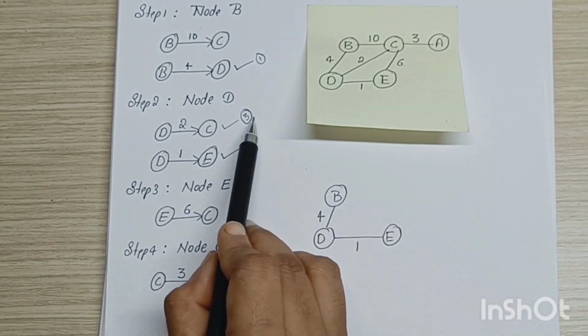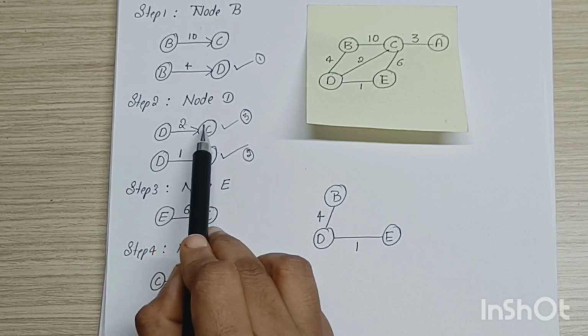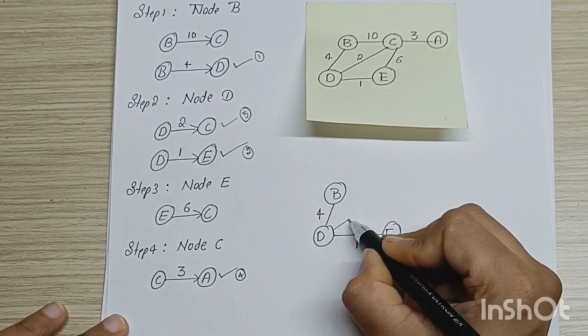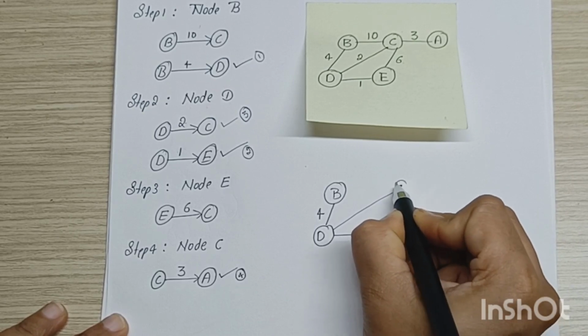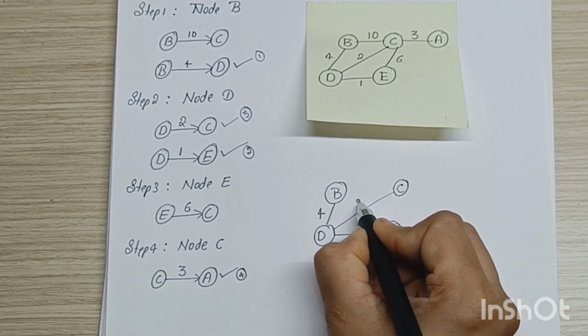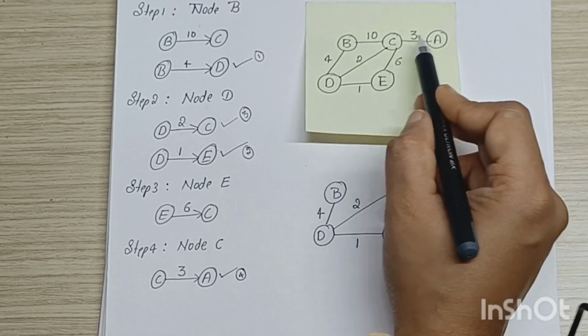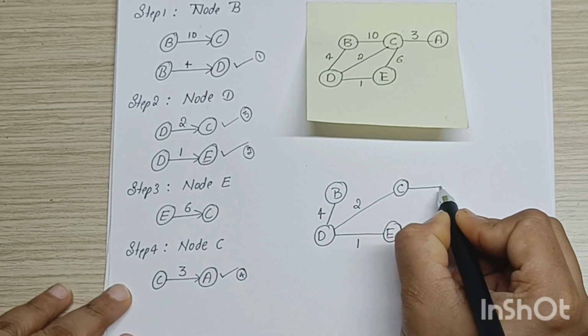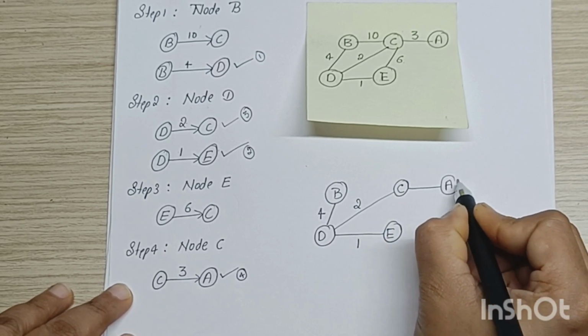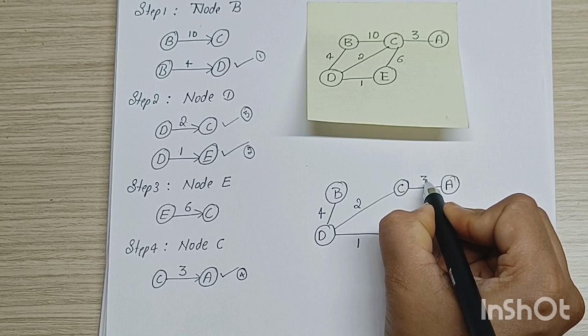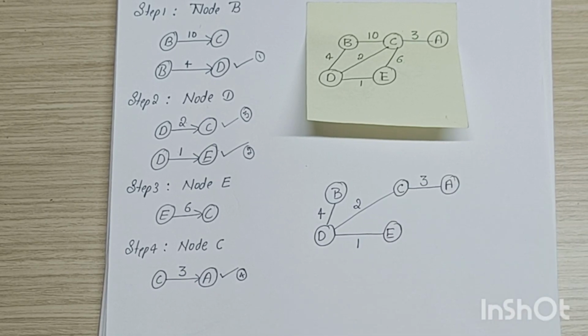Next you have considered the third edge D to C with the cost of 2. The fourth one you have considered is the edge from C to A with the cost of 3.